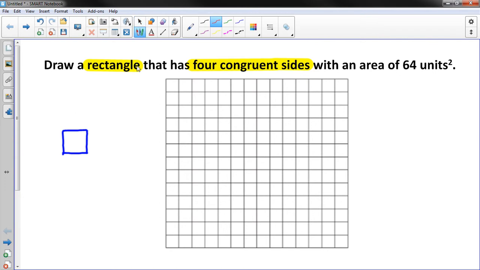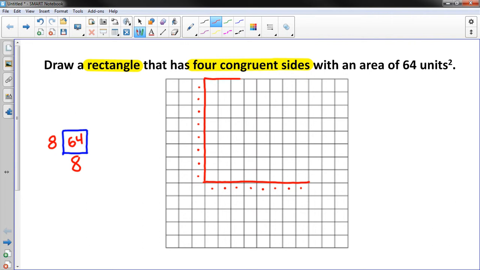And now I have to think of something multiplied by itself equals 64. And I know that 8 times 8 would get me 64. So that's what I need to do. Alright, so let's do that. 1, 2, 3, 4, 5, 6, 7, 8. 1, 2, 3, 4, 5, 6, 7, 8.